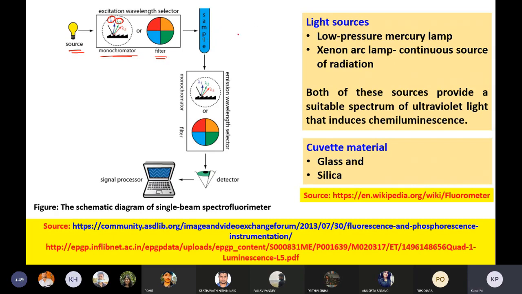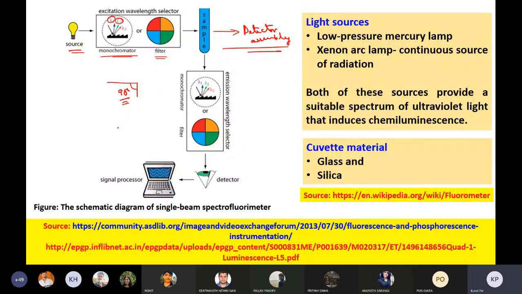However, in the absorption spectrophotometer, we would have the detector assembly just in line with the source. However, in the case of fluorescence, this is not the case. It is at a right angle direction, 90°.